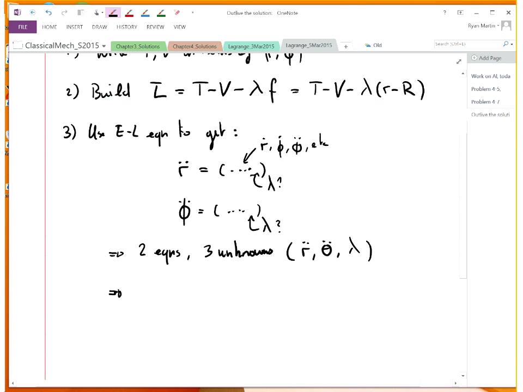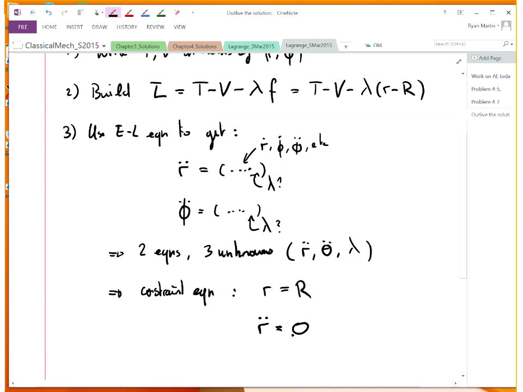And so I'll encourage you to go back to the notes where we did this problem twice. The issue here will be that you need to add in an equation that relates R double dots and phi double dots and lambdas. What we found was that you can take the constraint equation, lowercase r equals uppercase R, and differentiate it twice. And what you'll find is that R double dot is 0.